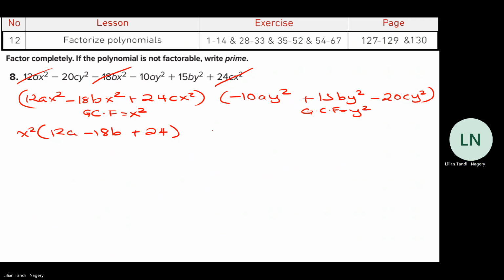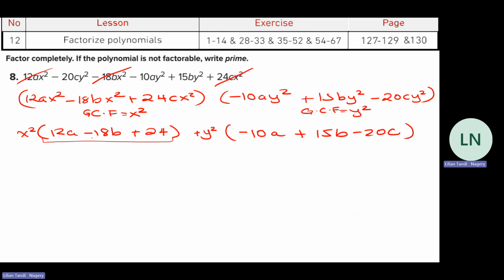Actually, greatest common factor is more than x squared. We'll do for this one again. And then here we have plus y squared. You have negative 10a plus 15b minus 20c.